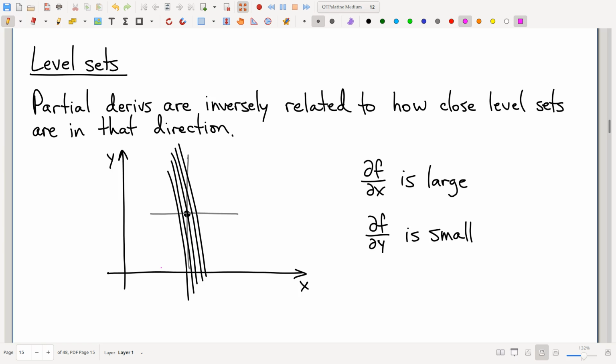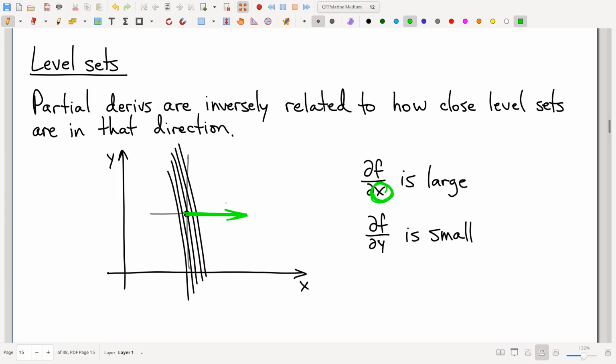I literally like to think of myself as on a hike, and that's me. The curves here are the contour lines that represent the mountain that I'm climbing around on. Let's think about how steep my hike would be if I want to make sense of the x partial, if I go in the x direction. I've got to tell you, that looks really steep, and look how close those contour lines are to each other.